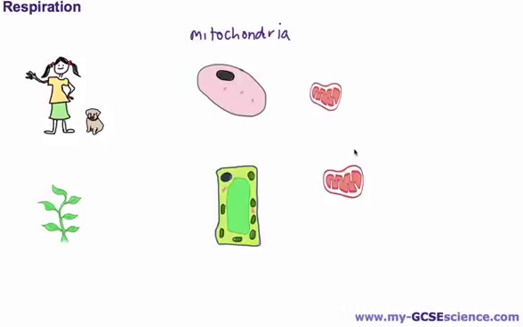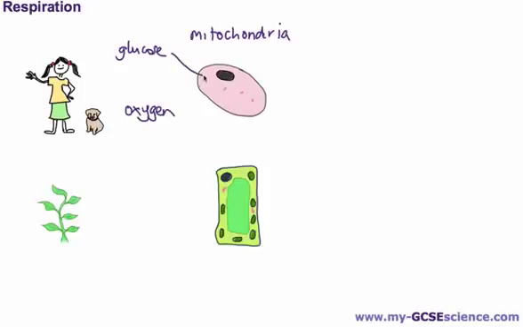Now, the reason why I mention this is because the mitochondria is where the majority of aerobic respiration happens. So we have various ingredients that go into the cell, but the majority of the aerobic respiration happens within these structures called mitochondria. Now, to see what actual ingredients we use or what reactants we use, we have glucose and oxygen.